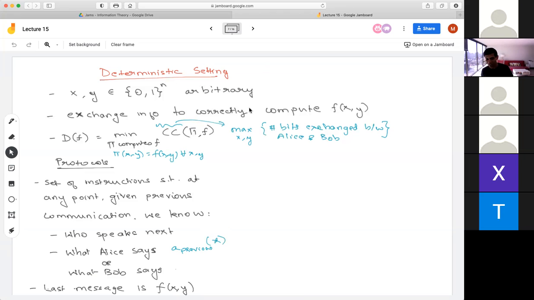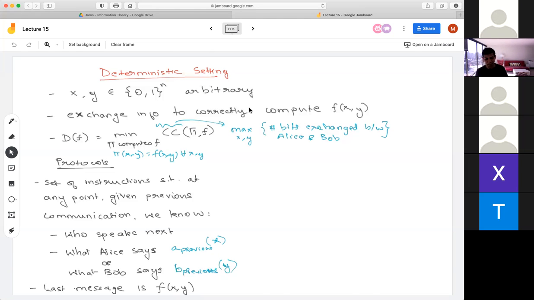You can think of it as a function of two inputs if you want. I'm just writing it this way because it will be easier in a minute. And if Bob is going to speak, then Bob knows what he's going to say as a function of the input he received and the previous communication so far.